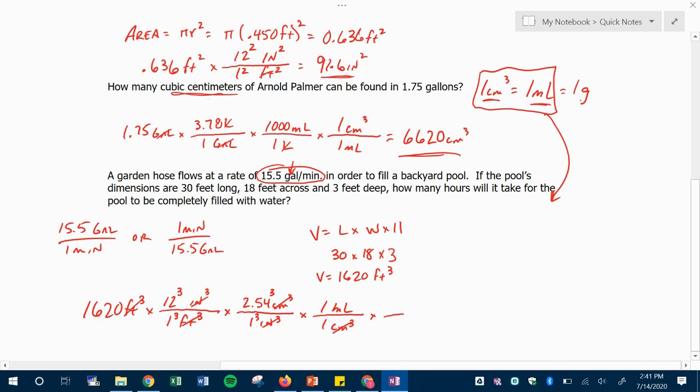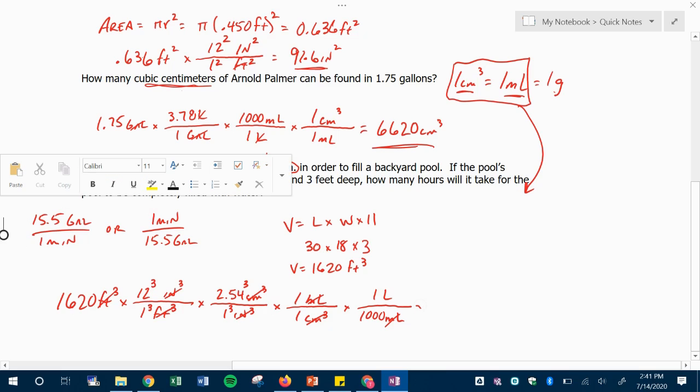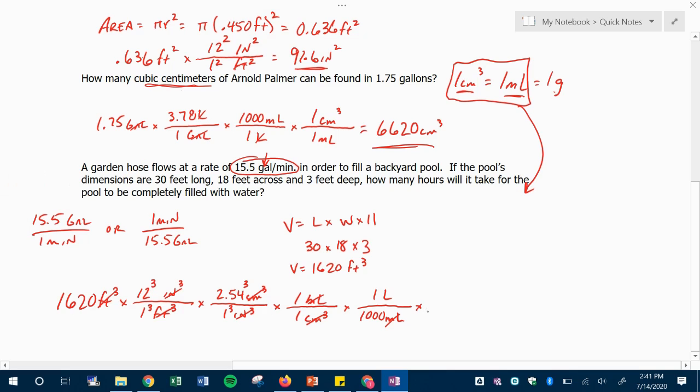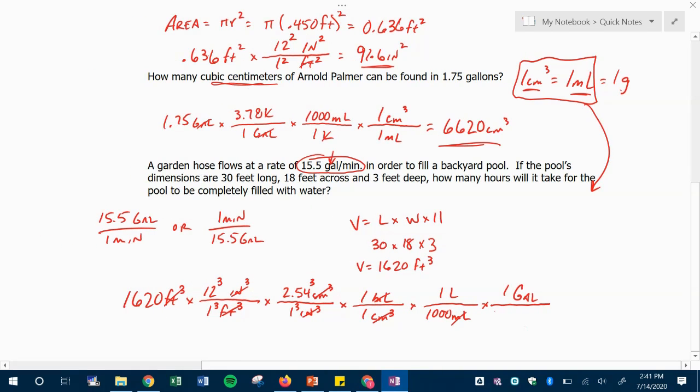And so with that in mind, let's turn our milliliters to first liters and then to gallons. If we're going first to liters, we know that there's 1 liter for every 1,000 milliliters. And that gets us to liters. Now we can get to gallons by saying there's 1 gallon for every 3.78 liters.